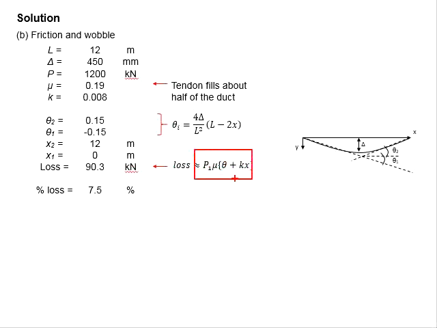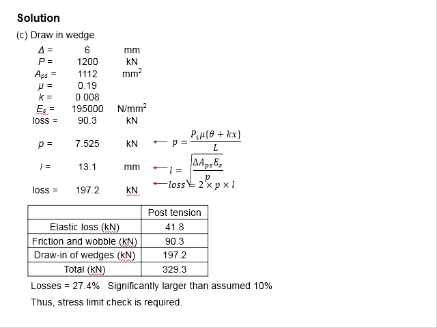Substitute all the relevant values into the equations. You get the total loss due to friction and wobble, 90.3 kN. In terms of the percentage of the losses out of 1200 kN, 7.5% of losses occur. Next, you need to calculate the draw-in of wedges.